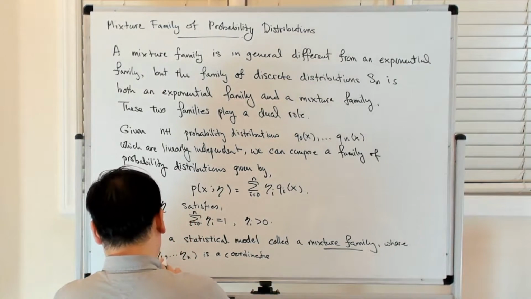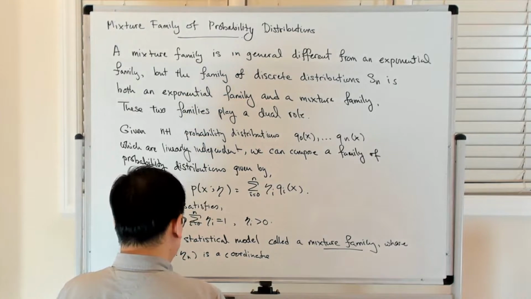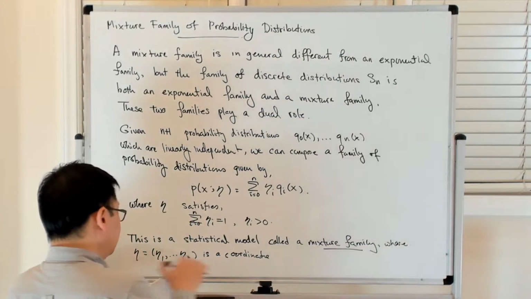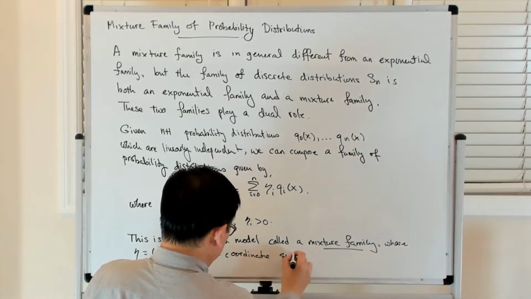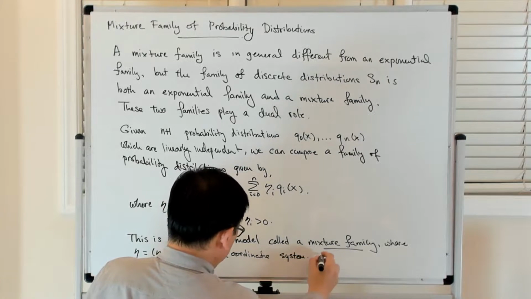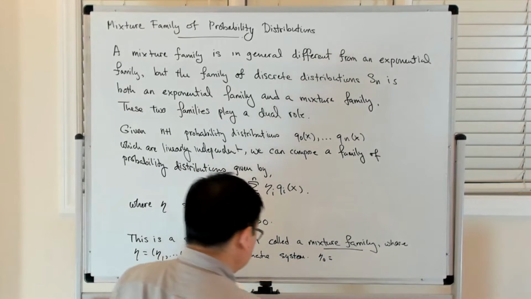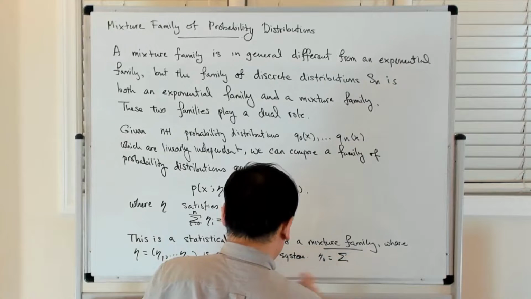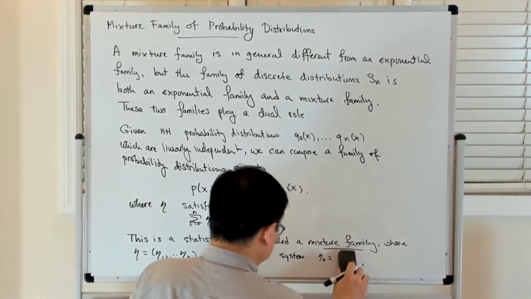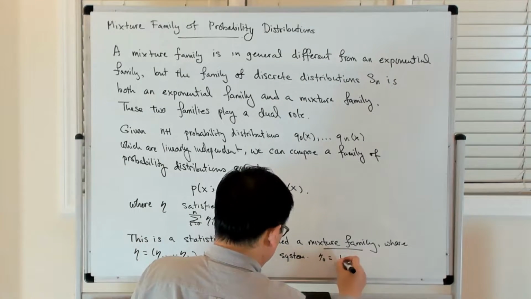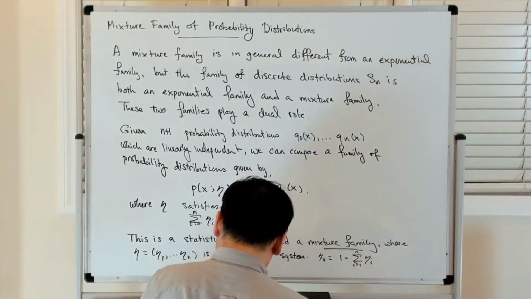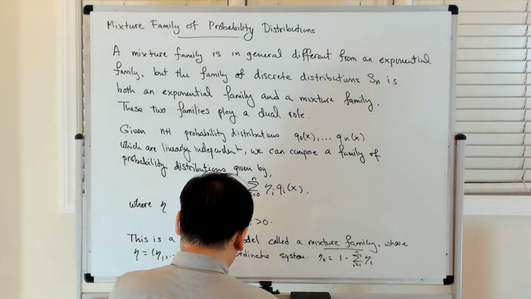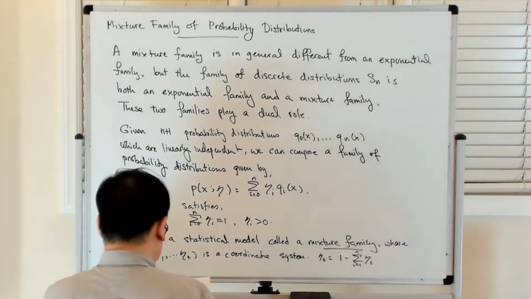Actually, you don't need all n plus 1. You only need eta_1 to eta_n, right? If you recall, eta_0 is just obtained by the normalization condition, which is 1 minus the sum from i equals 1 to n of eta_i.